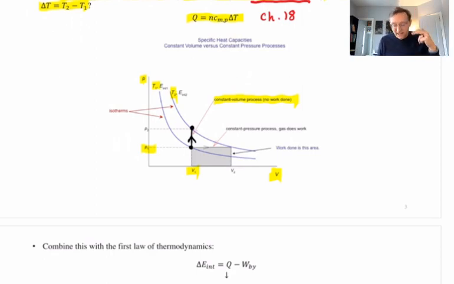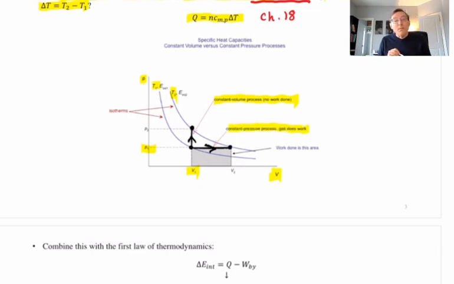Now imagine the second experiment, still starting at point 1, but now add energy as heat and keep the pressure constant until the temperature goes up to T2. Now you go straight horizontally to the right until you hit the T2 isotherm. That's a constant pressure process.